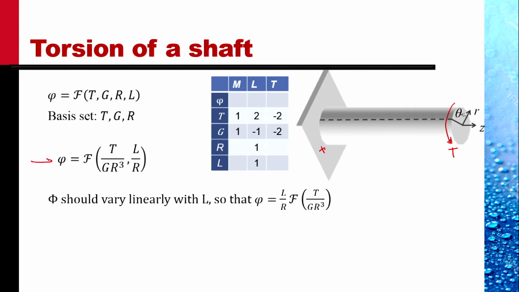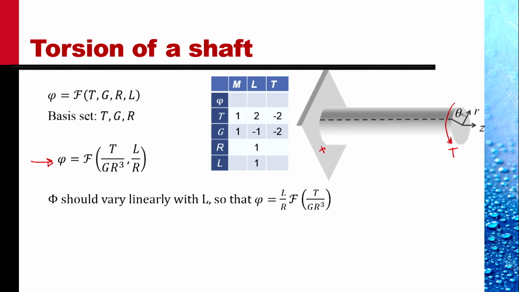that phi is a function of T divided by G R cubed and L by R. Then, as in the last lecture, we could use the information that twist should be directly proportional to the length of the shaft.